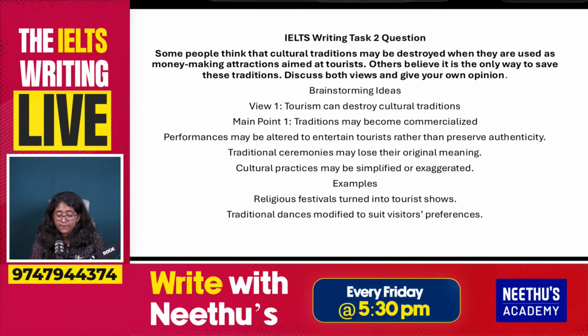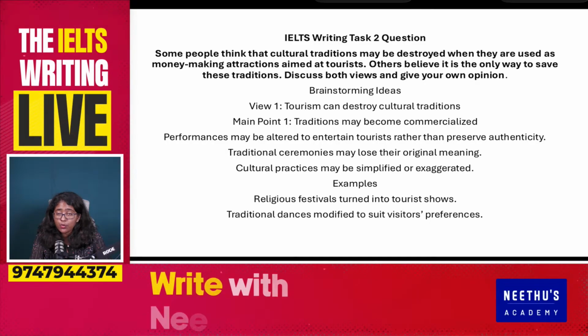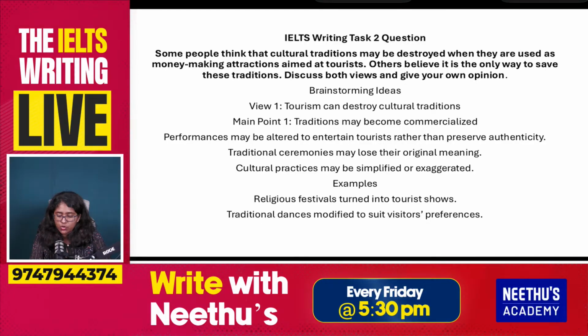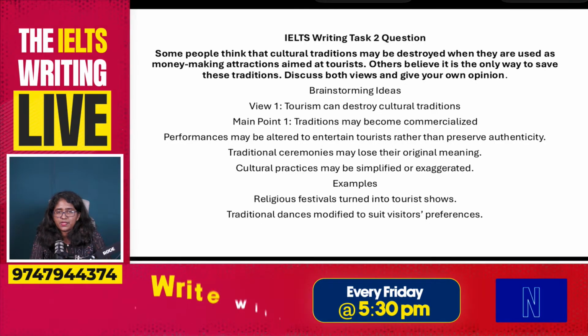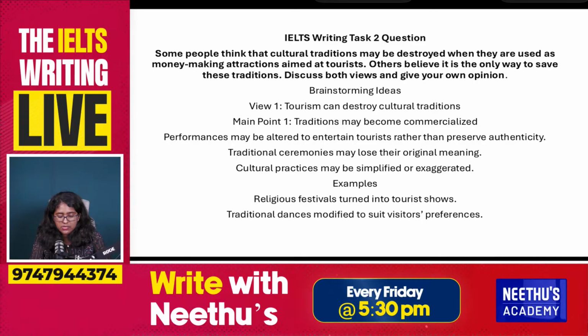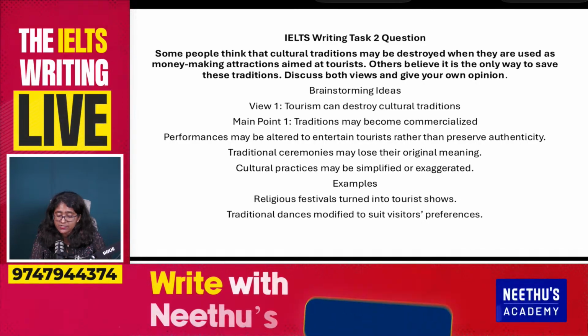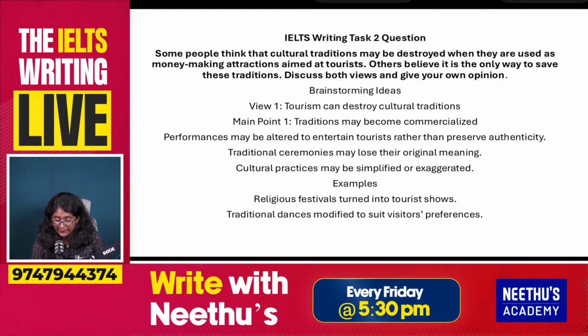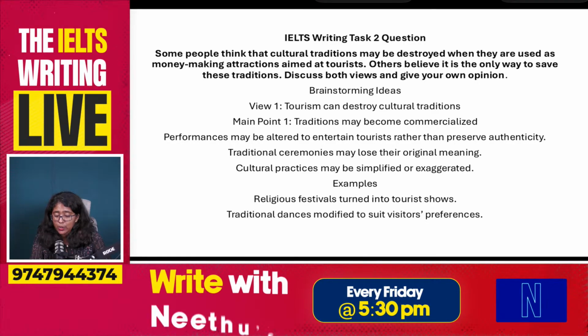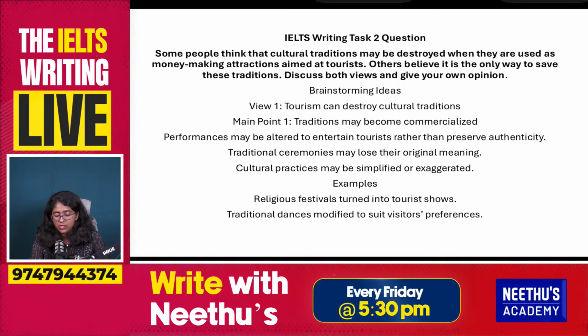How? Main point 1, traditions may become commercialized. Okay, that's why they're being destroyed. We understand. Like how? Performances may be altered to entertain tourists rather than preserve authenticity. Traditional ceremonies may lose their original meaning.